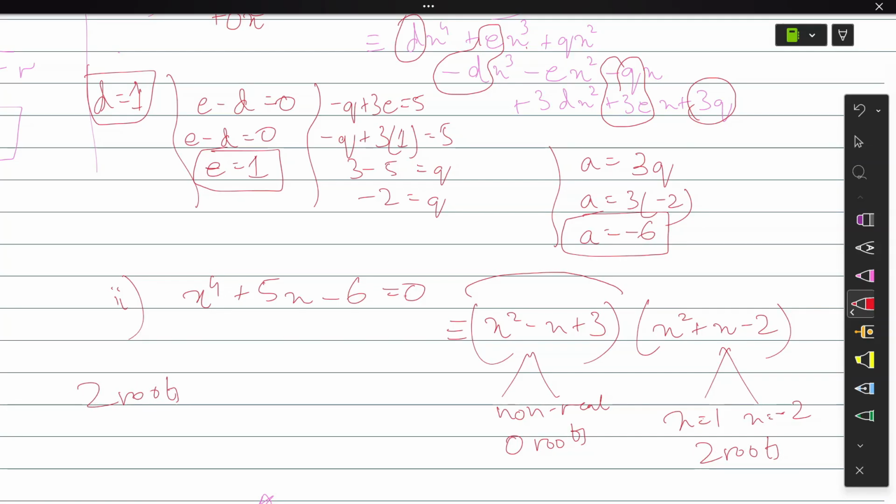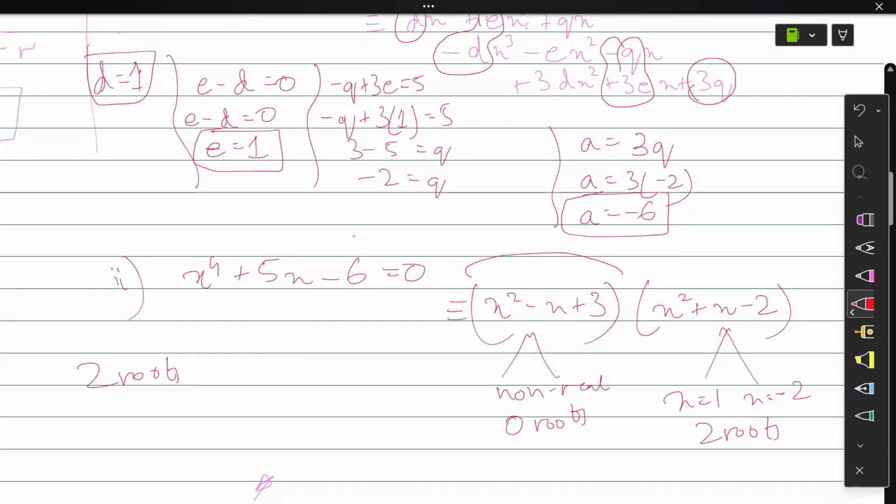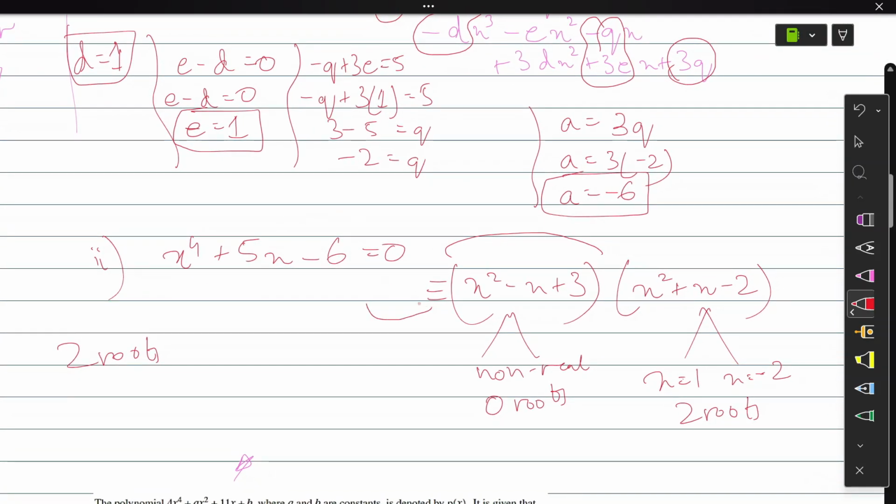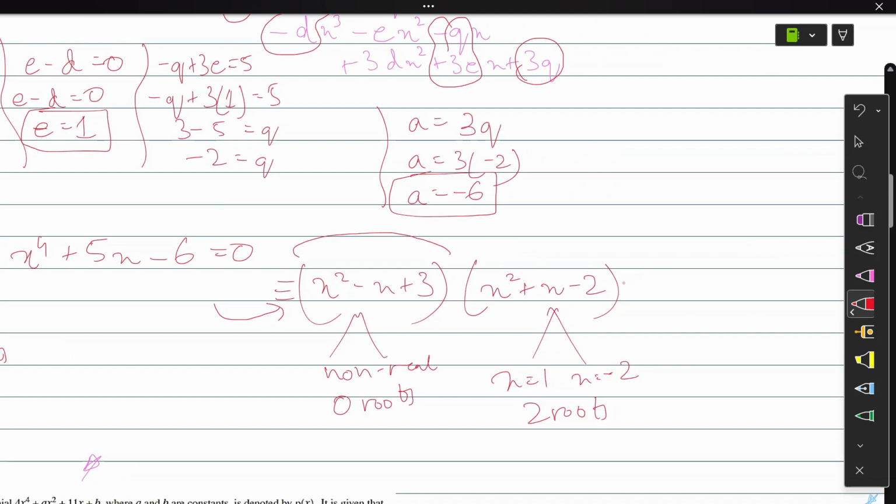Why? Because when p of x is equal to 0, this can be simplified into this, right? And I can simply say these two are equal to 0, because these two would simplify to your polynomial. Now if I equate each bracket to 0, because these are two factors of the polynomial, like in quadratics, if you remember, x minus 3 and x plus 2 you could equate to 0.